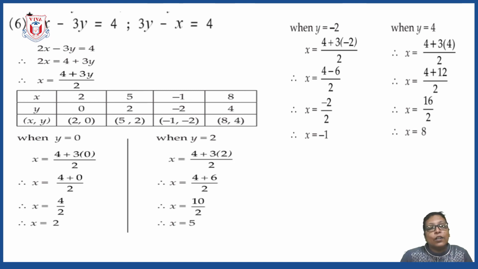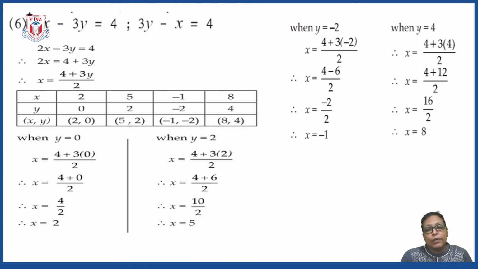We cannot take the odd number, we have to take even number only. So when we take y is equal to 4 and solve it, the value of x is 4 plus 12 upon 2, that is 16 upon 2, which is equal to 8. So we got here the table for first equation.